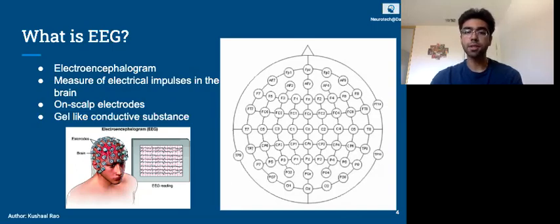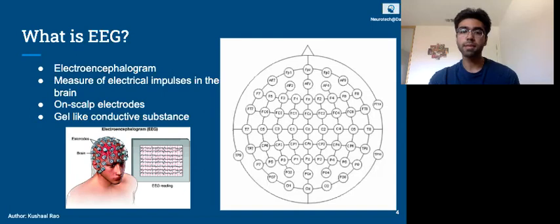And then after you've done that, there's a gel-like substance that is typically used. The gel-like substance is basically a mixture of salt, because we need something that can conduct the electricity between the scalp and the electrode. Obviously your scalp is not completely flat, and you have hair in the way.